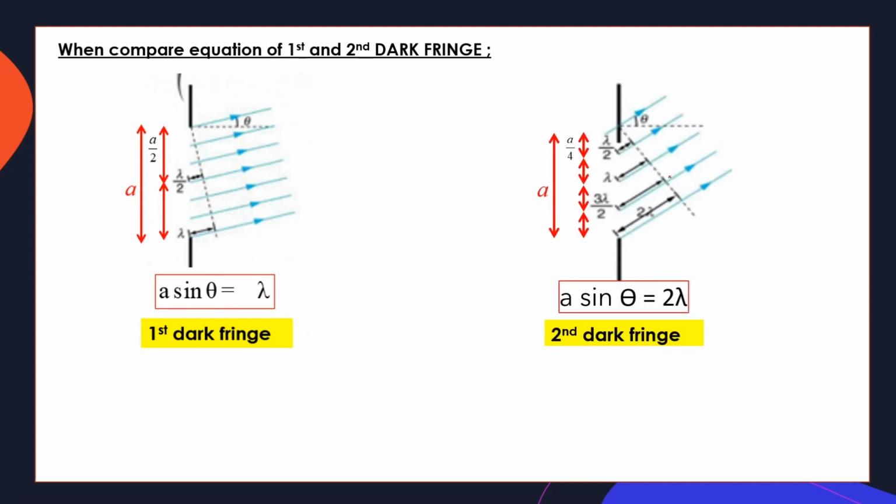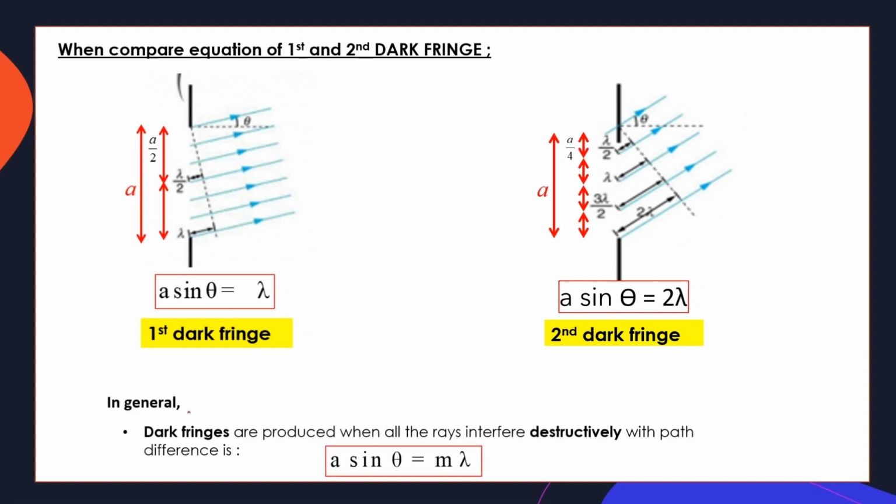For the second dark fringe, after the derivation, the path difference between ray 1 and ray 2 is a sin theta equal to 2 lambda. And when we derive the equation of the third dark fringe, we have a sin theta is equal to 3 lambda.